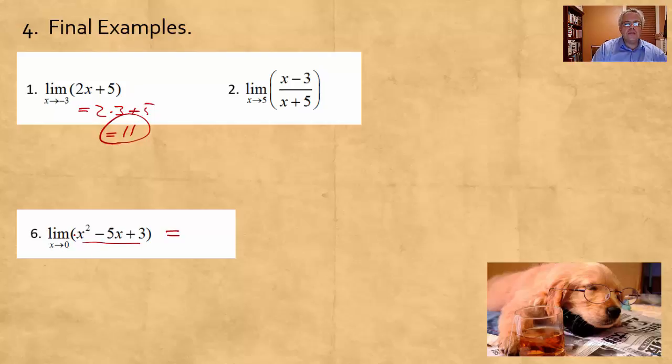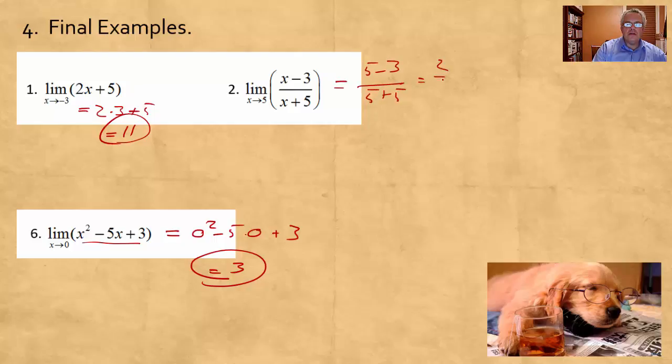So, as x approaches 0, this polynomial approaches what the polynomial equals at 0. 0 squared minus 5 times 0 plus 3, which is 3. It's a rational function. As long as the denominator is not approaching 0, this rational function approaches what it's actually equal to at 5. So 5 minus 3 over 5 plus 5 is 2/10. That's the limit of that.